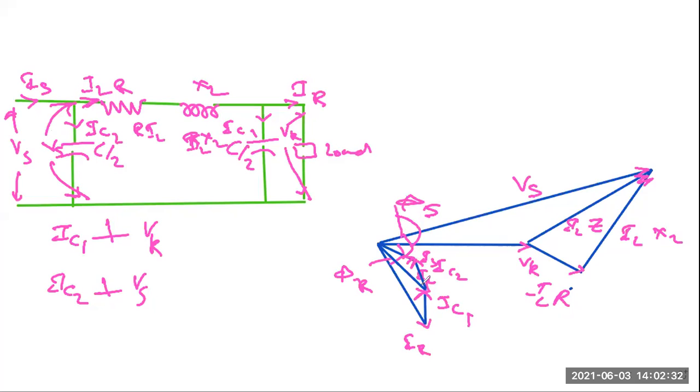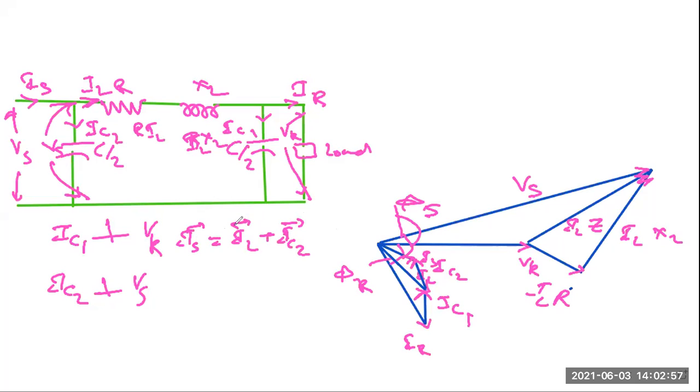But here we cannot draw. We have to add with the current. That's why we have drawn this phasor here. So this is your IL phasor, and with your IC2, you will get IS, because IS equals IL plus IC2.